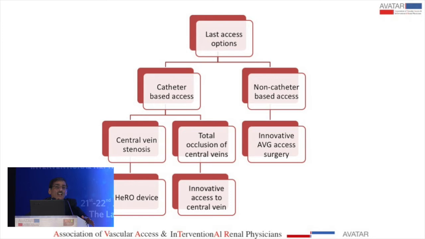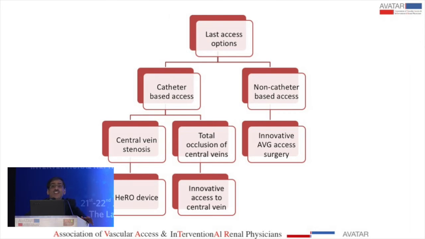Again, those are really end stage axis situations. If there is central vein stenosis with some way in which you can get a guide wire across the central vein stenosis, then in that situation, getting a HeRO device could be an option. Again, could be an option.